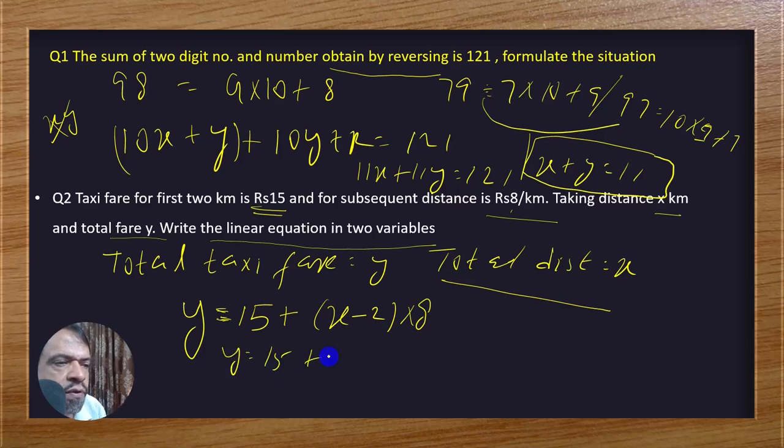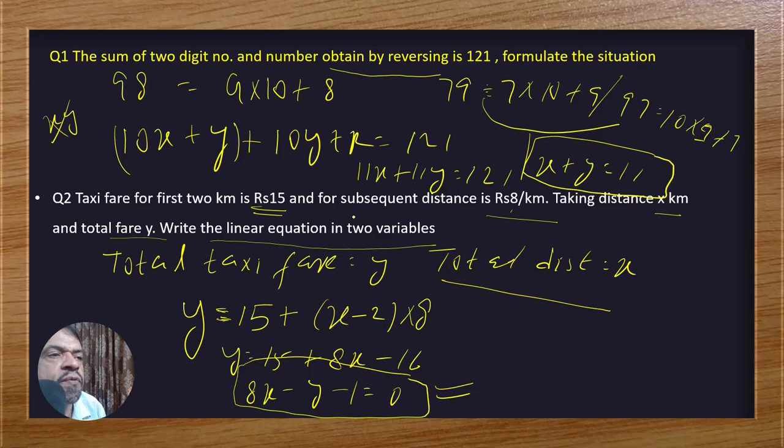So we will solve it. It gives minus 16. So this is 8x minus y minus 1 is equal to 0. This is the situation. This is the linear equation in two variables. We performed these words in mathematical form.